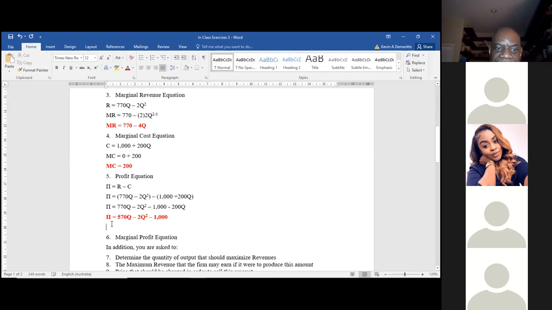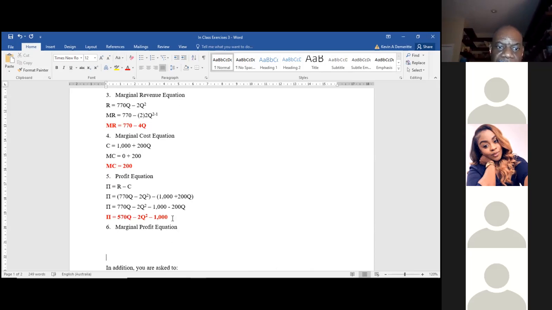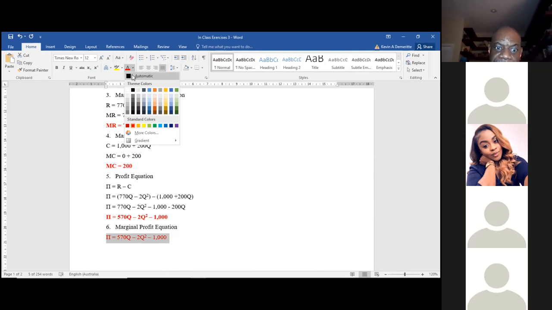Now, I need to find marginal profit. So here's my profit equation. Okay, let's paste that, no number, no bold, and black.